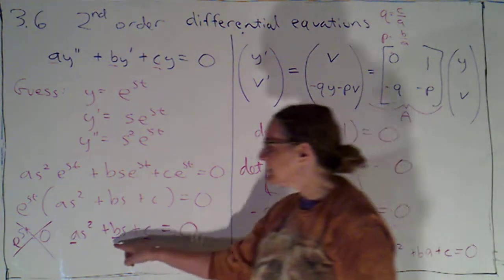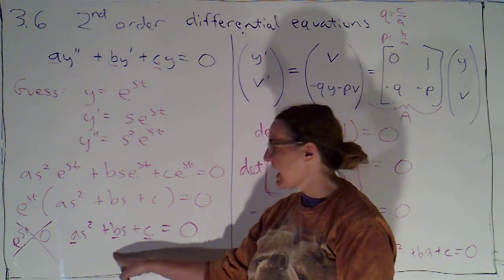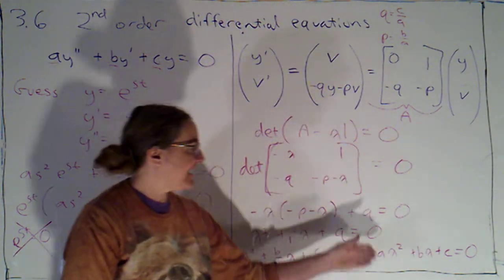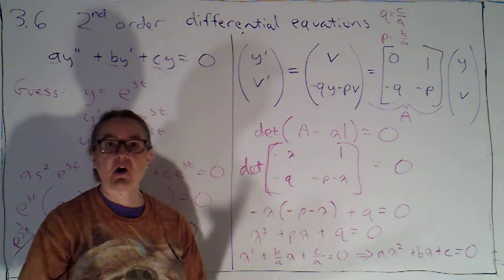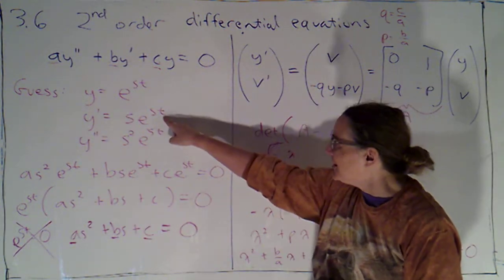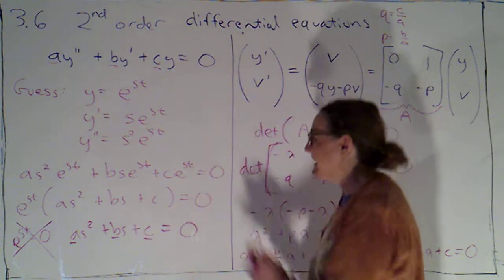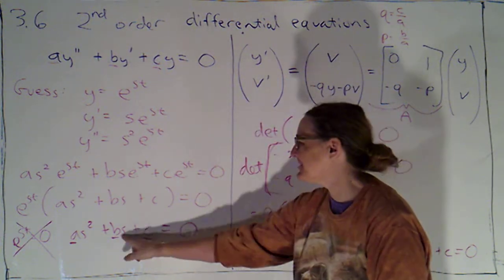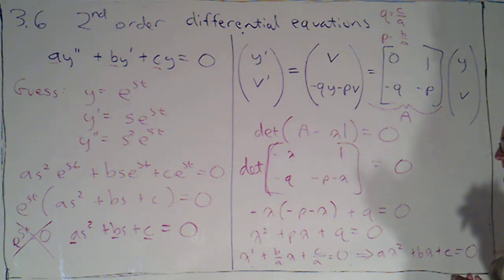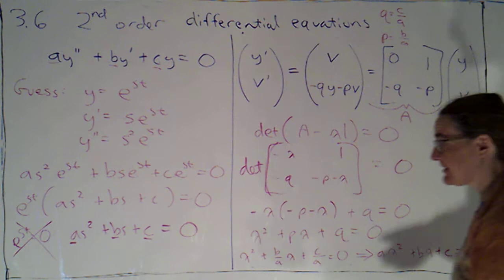That's exactly the same quadratic equation I have here. It's just a difference in notation. When I'm talking eigenvalues, it's traditional to call them lambda. When I'm looking for which multiple of t do I want to take e to the power of, we usually call that s. But it's the same quadratic equation that I'm solving in either case. So that's very, very exciting.